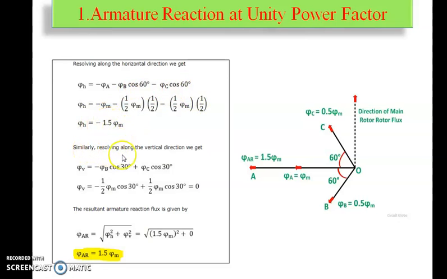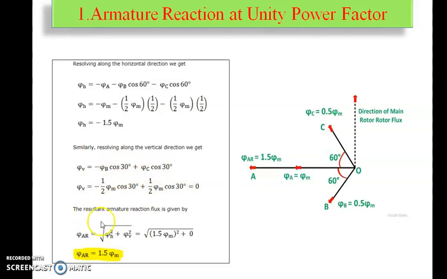Similarly, resolving along the vertical direction, phi v, the y direction, equals minus phi b cos 30 degree plus phi c cos 30 degree. By solving this, phi v equals minus 1 by 2 phi m cos 30 plus 1 by 2 phi m cos 30 equals 0. That means both cancel each other.